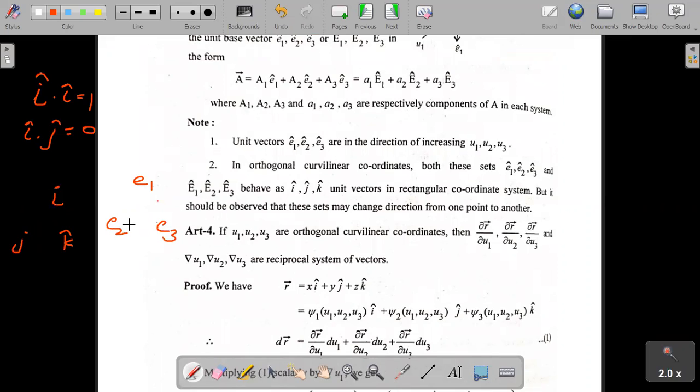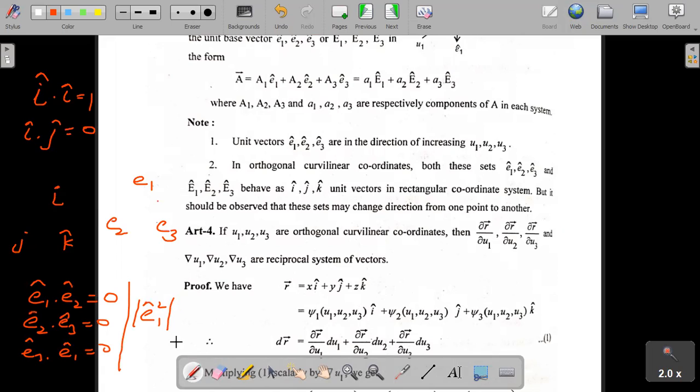So E1 dot E2 will be 0 because they are perpendicular. E2 dot E3 will be 0. E3 dot E1 will be 0. Then magnitude of E1 square: they are all unit vectors, right? Their magnitude is 1. E1 dot E1 is 1.